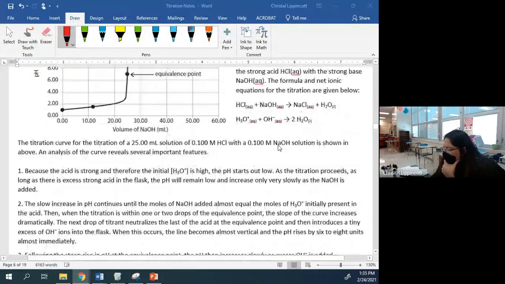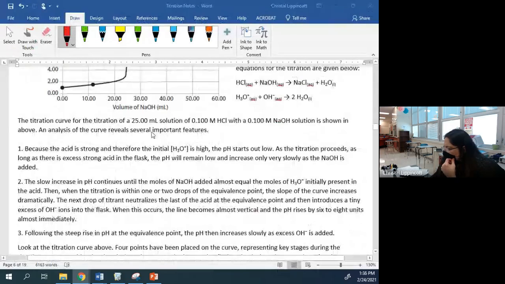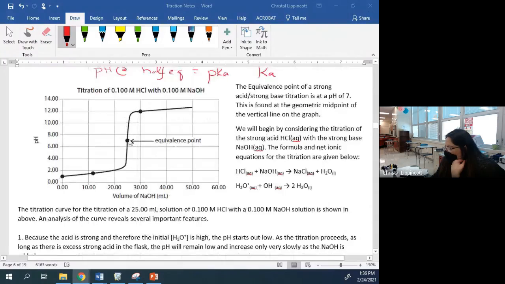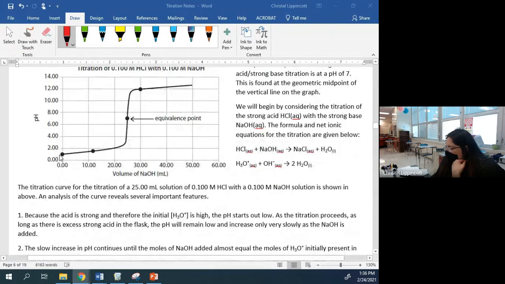All right, so a titration curve then, if we had 25 mL solution of HCl with an AOH, that's going to be shown here. Okay, we know that we started with a strong acid because the pH is between 0 and 2. Typically, if you're between 0 and 2, you'll end up with a strong acid.